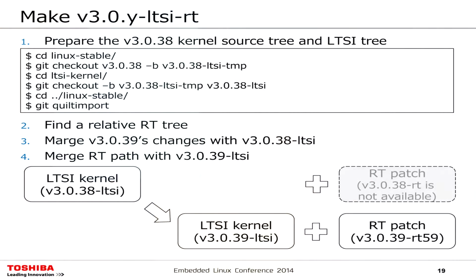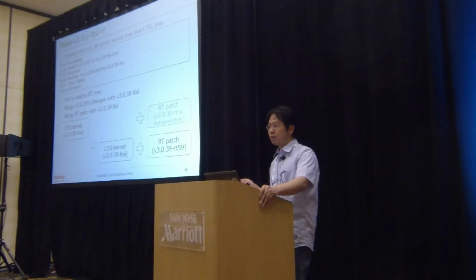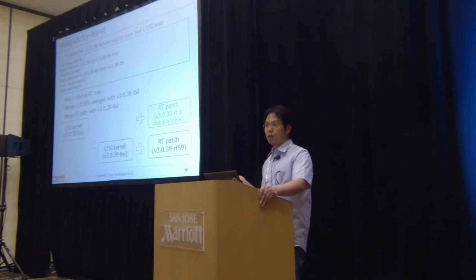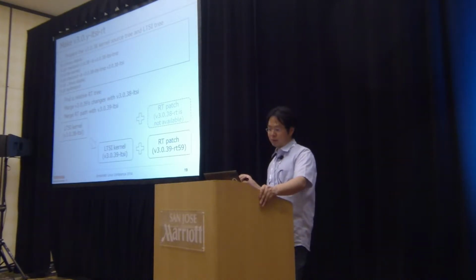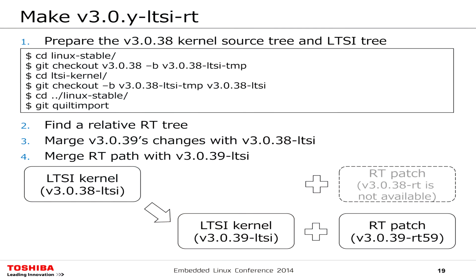But making version 3.0, it is a very old one, and it was a bit more difficult than version 3.4 because version 3.0 included many modifications to the core kernel part.